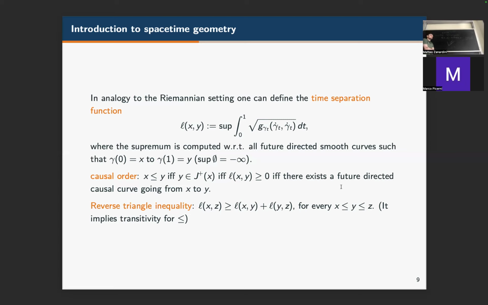I mean, for this problem, you can wonder why it is a supremum problem instead of an infimum one, because generally it's an infimum problem, and now it happens to be a supremum. Well, the infimum is always trivial, it's always 0. What you can do, if you have any couple of points, is consider, at the level of tangent space, that you want to join x to y with a curve that has 0 Lorentzian length.